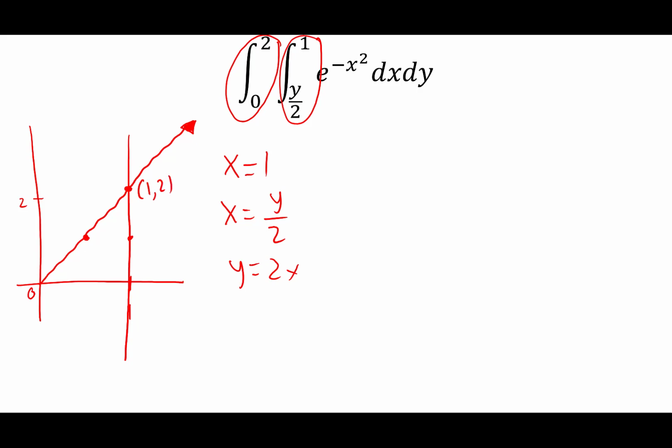If we want to change the order of integration, we're going to have to parameterize this by shifting our perspective. Instead of y going from 0 to 2 like we have here, what is x going from? You can think about this as x going from 0 to 1.